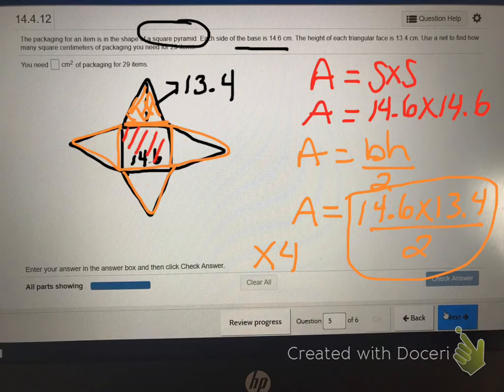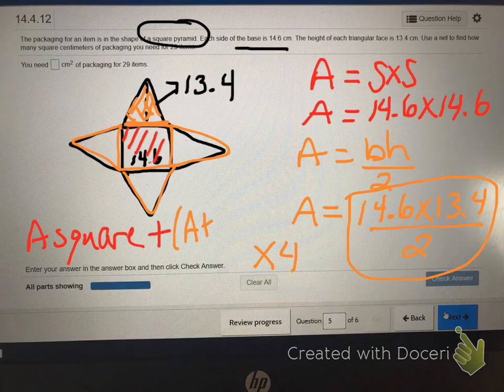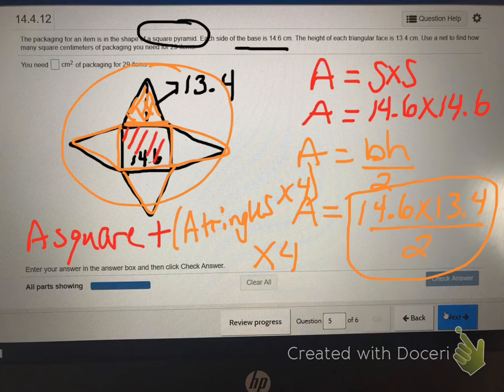So now we have the area of our square, and we're going to add that to the area of the triangles times 4, and that's going to be the total surface area of one square pyramid.